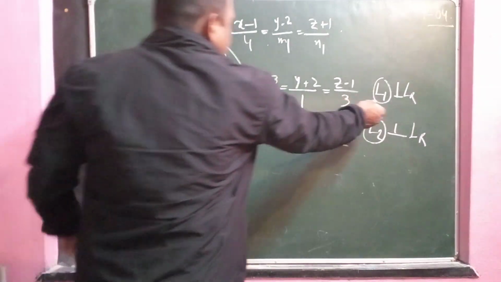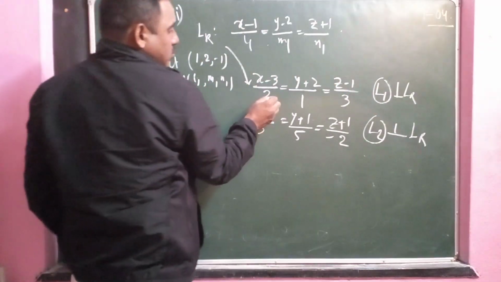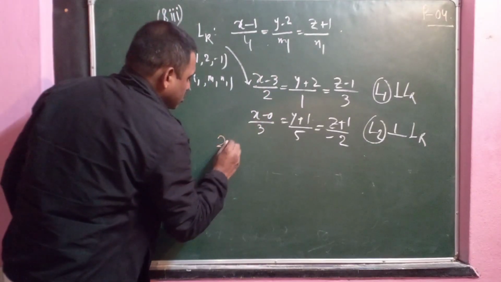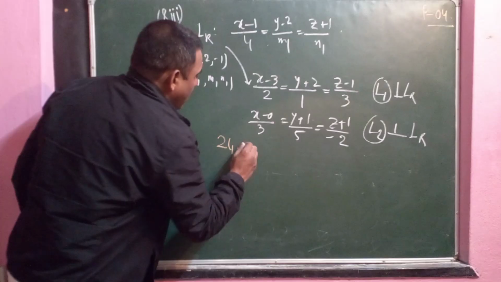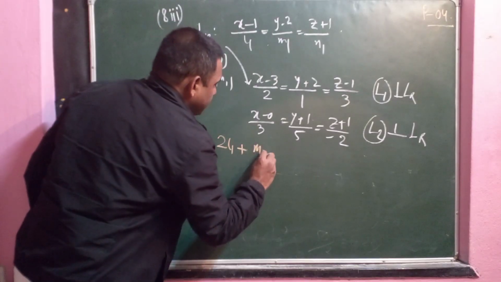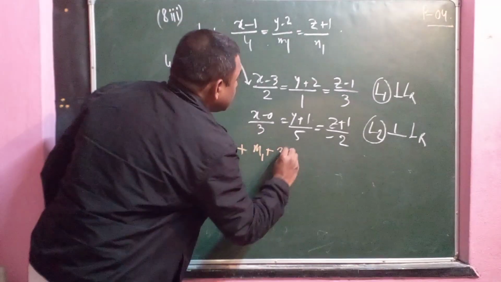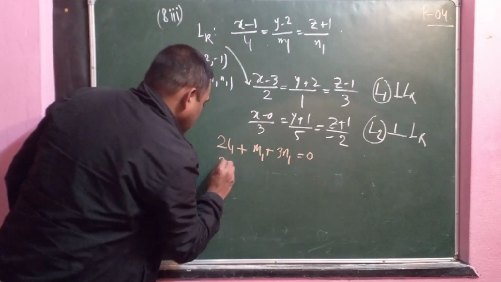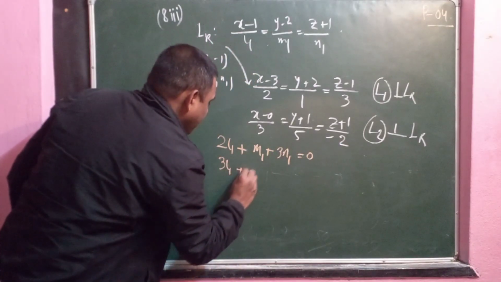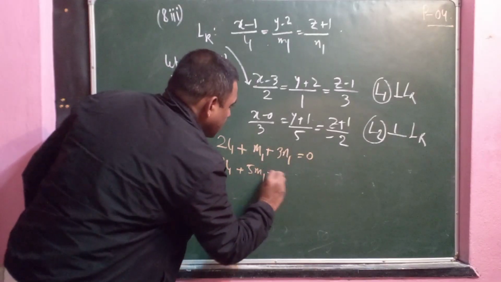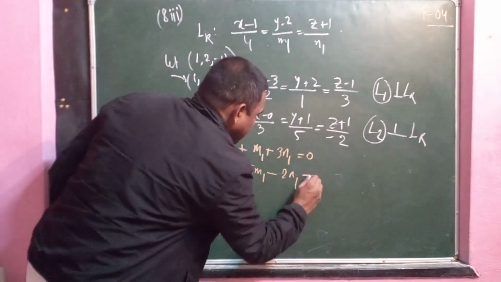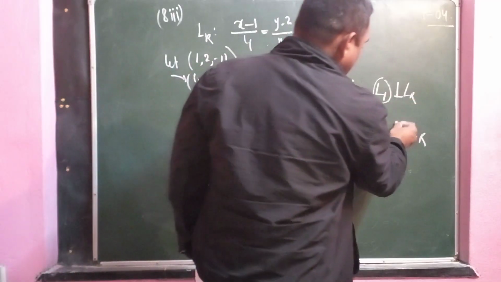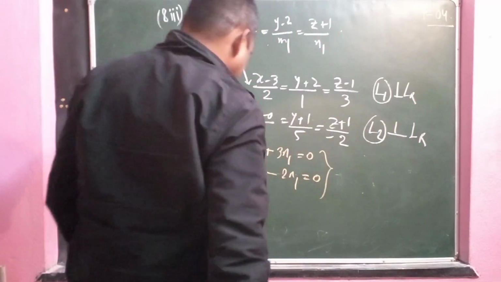If the required line is perpendicular to this line, then the multiplication of the corresponding direction ratios gives 2L1 plus M1 plus 3N1 equals 0, and for this one also, 3L1 plus 5M1 minus 2N1 equals 0, because the required line is perpendicular to both given straight lines.